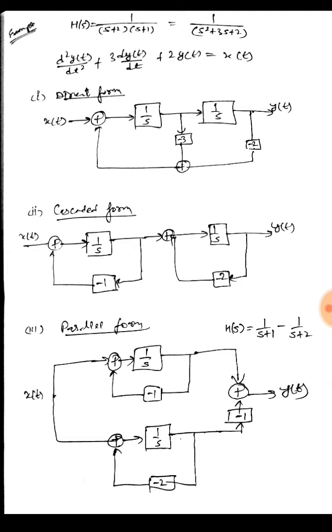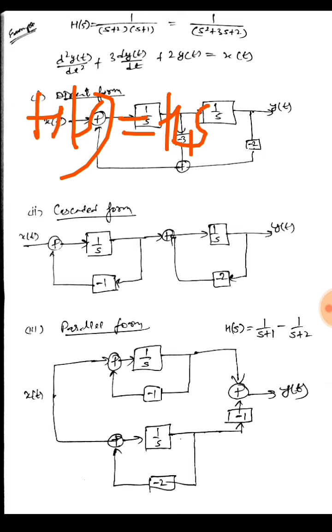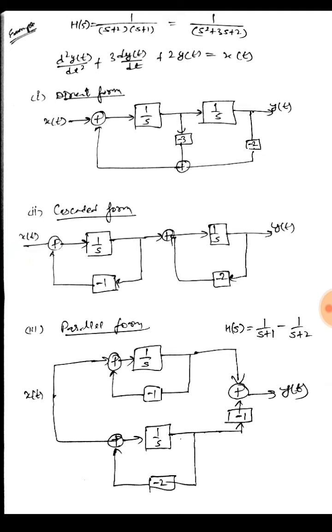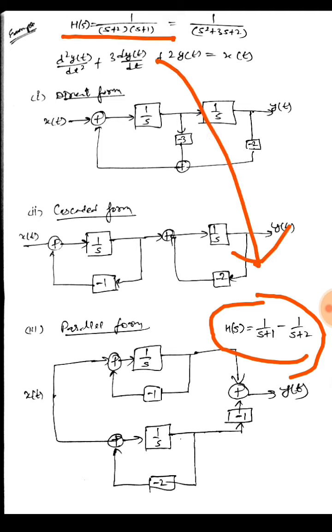Now if I want to draw it in the parallel form, as I know, in parallel form the final transfer function is of the form H1(s) plus H2(s). So I need to describe our transfer function as the addition of two functions. Using partial fractions, I have written my transfer function in this form: 1 upon s plus 1 minus 1 upon s plus 2.